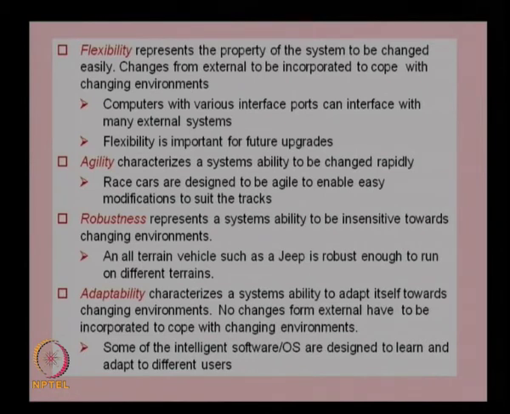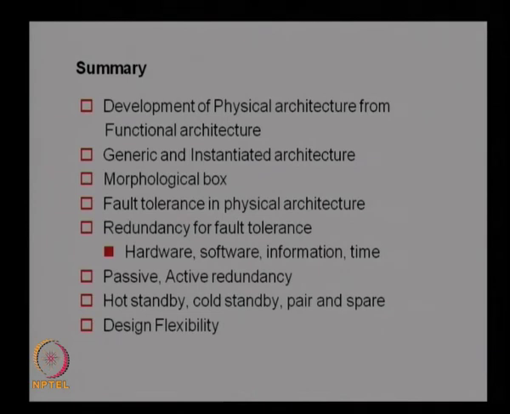All these characteristics are important for any system, and when we develop the physical architecture, we must ensure that we take care of these factors in the identification of the architecture as well as the identification of the components.